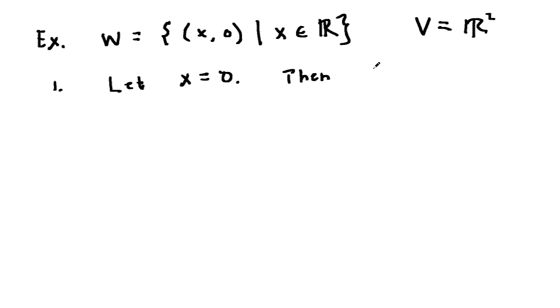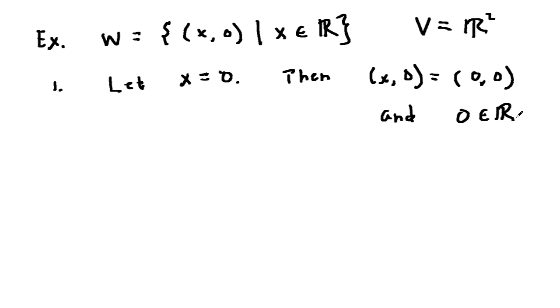Then (x, 0) is (0, 0). And 0 lies in R. So the 0 vector, which is (0, 0), lies in W.